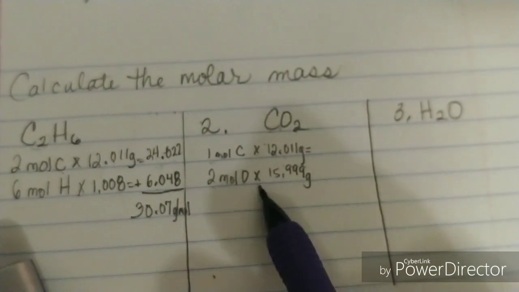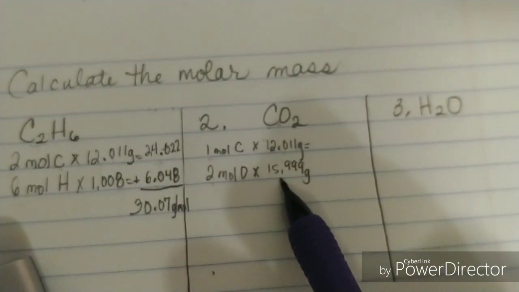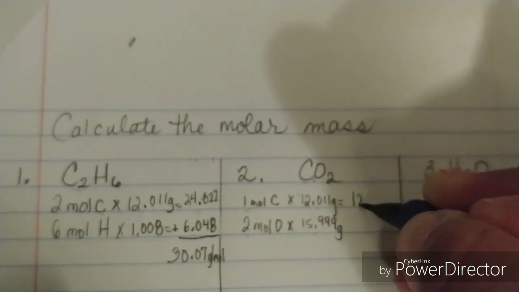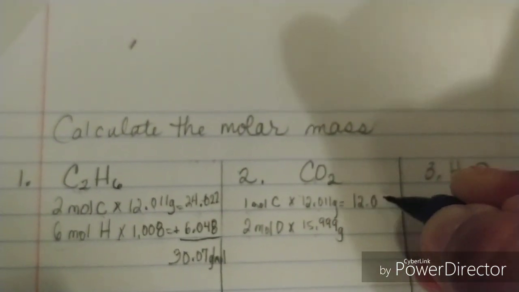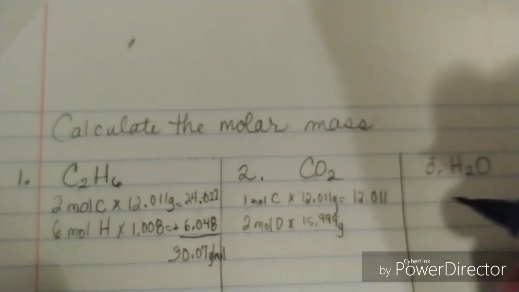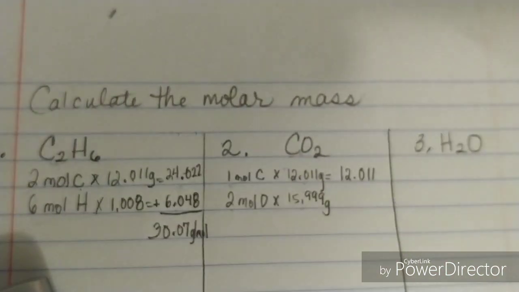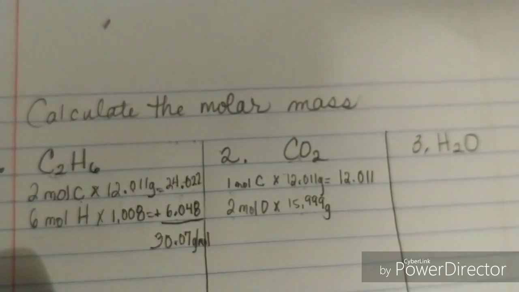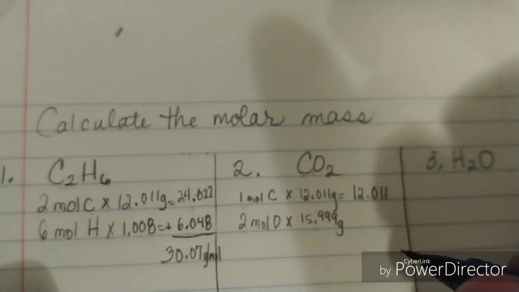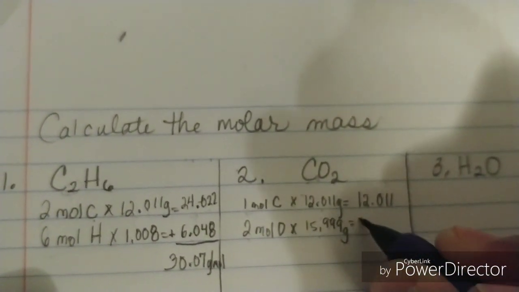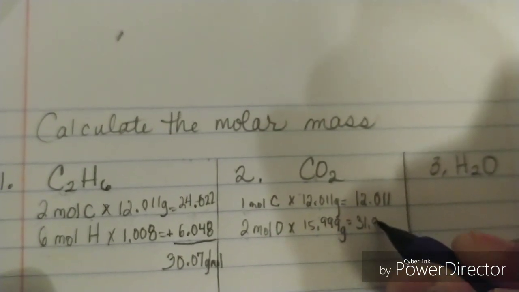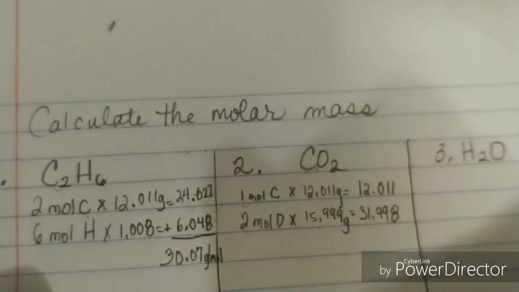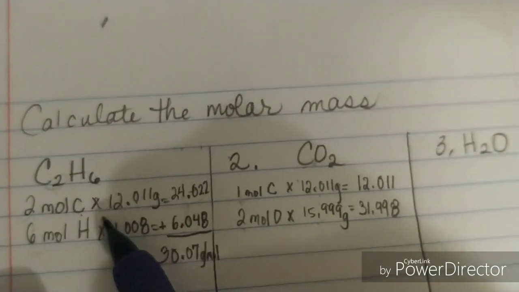You're going to take that 2 and multiply it by 15.999. So 1 times 12.011 is 12.011. Okay, then we have 2 times 15.999 right here. Multiplying that gives us 31.998. See, it's the same process as we did here.